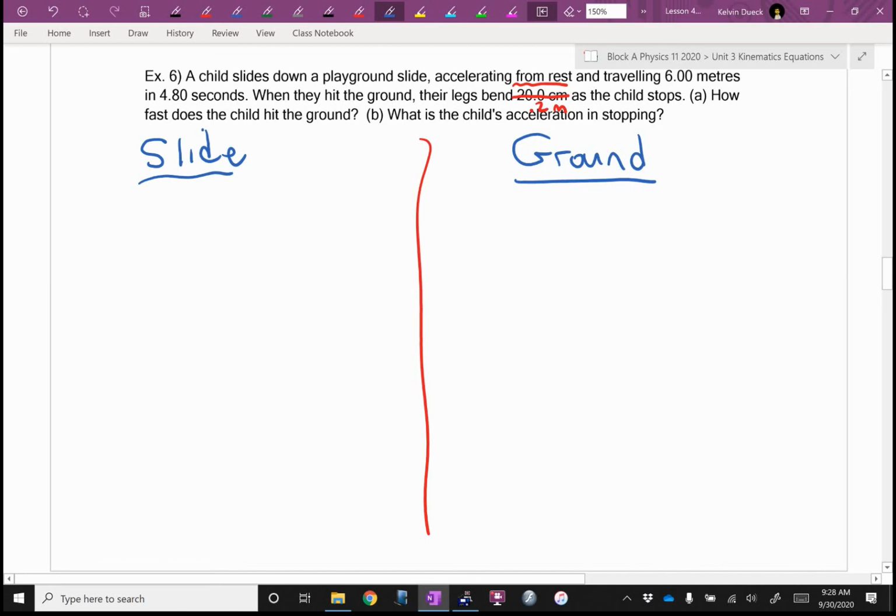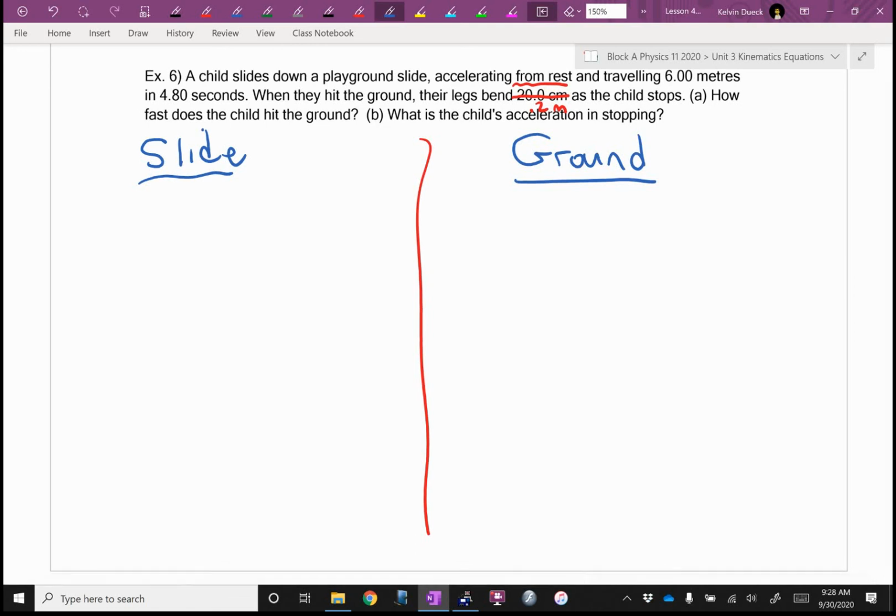Now, how did I figure that out? Because there's 2 distances. There's a 6 with the meters, and there's a 0.2 with the meters. Something weird's going on here. So what I'm going to do is list all of my data and decide slide or ground as I listed. So from rest, what does that tell me, first of all? VI is 0.